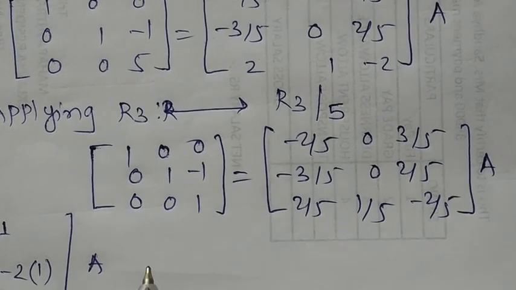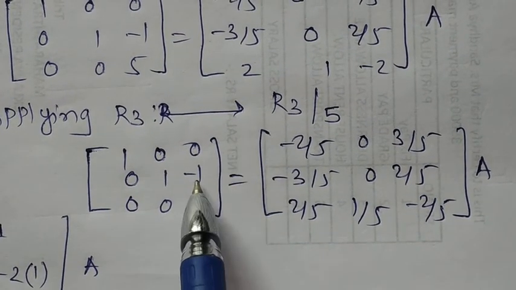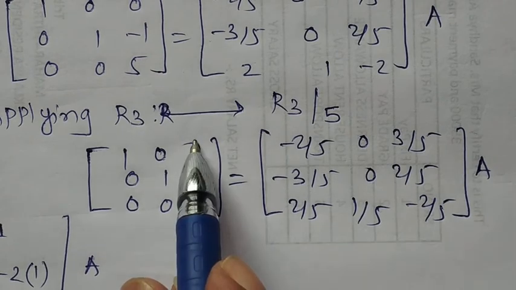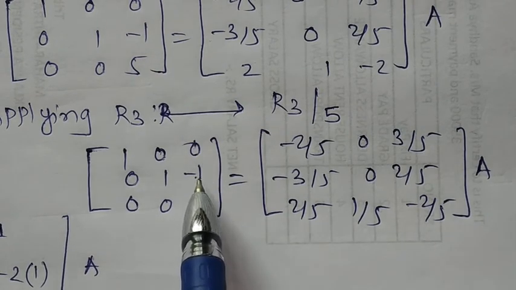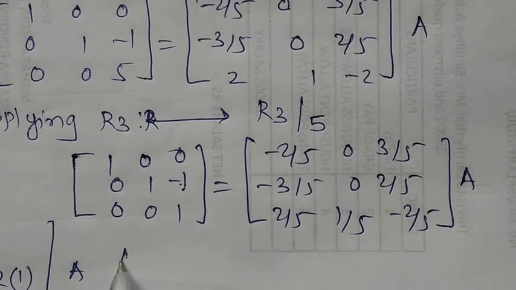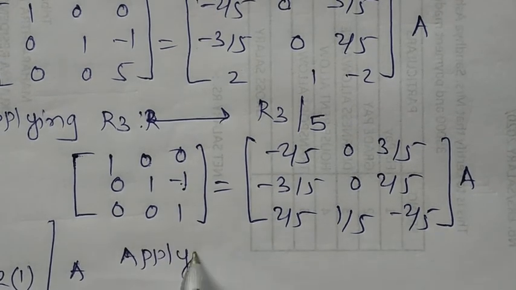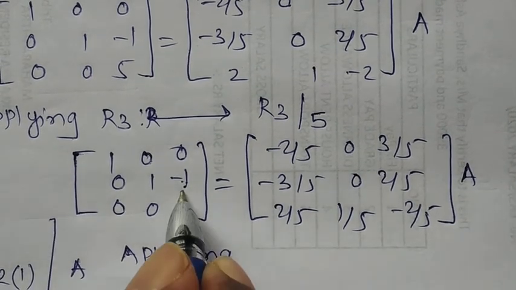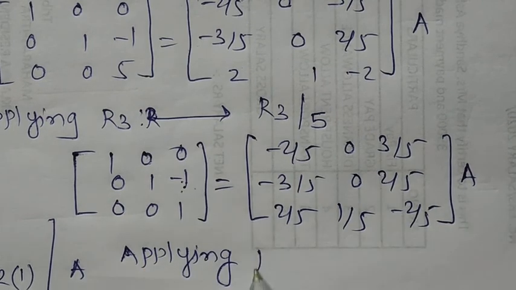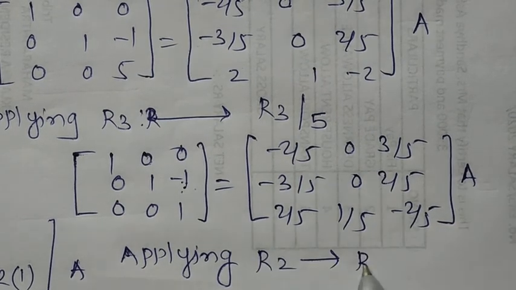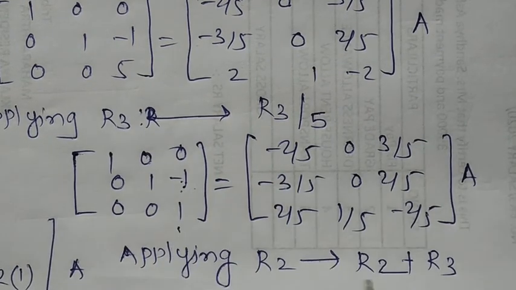Now the last step, step 6: convert this minus 1 into 0, and this 0 remains 0. To convert this minus 1 into 0, apply R2 plus R3, that is, R2 plus 1 times R3.